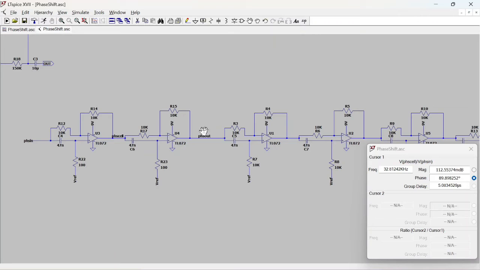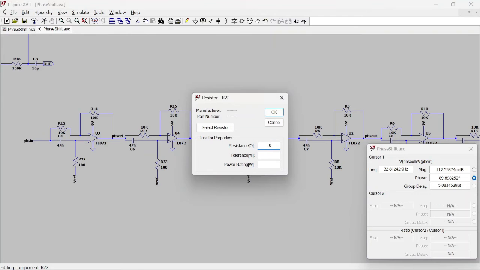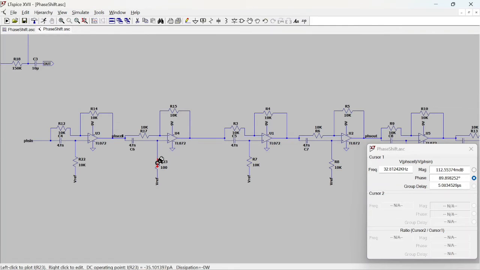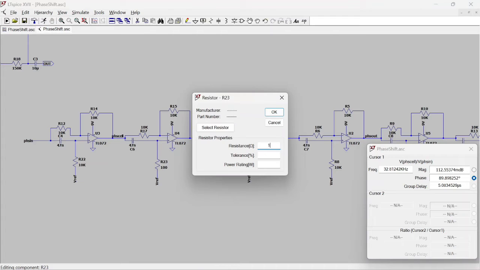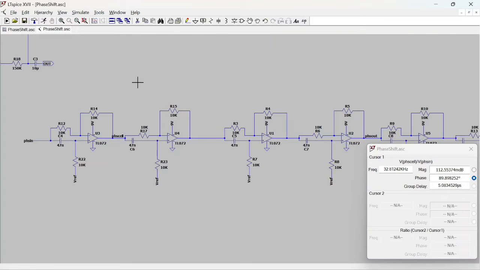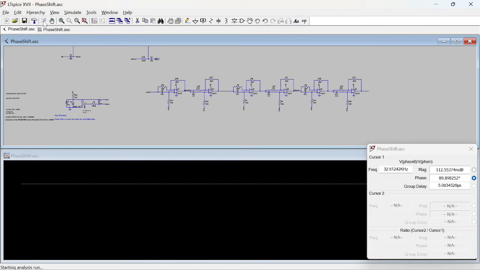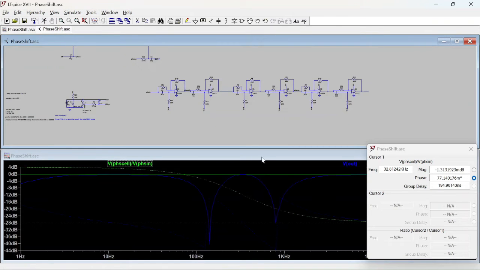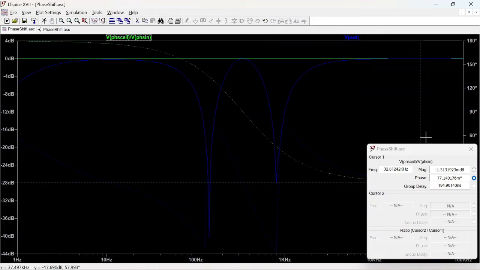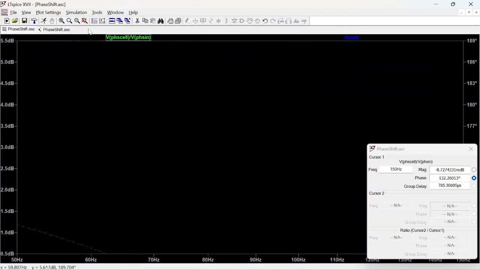So if we move this to 4 stages like P90, again with the caveat that they use different resistor values there, in P90, if I run this, I'll get 2 notches. And let's see at which frequencies we get that.